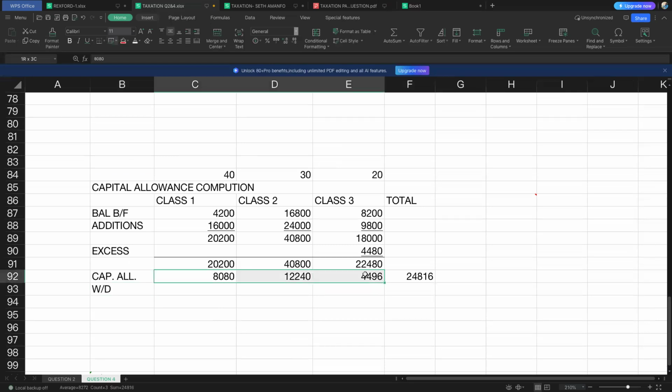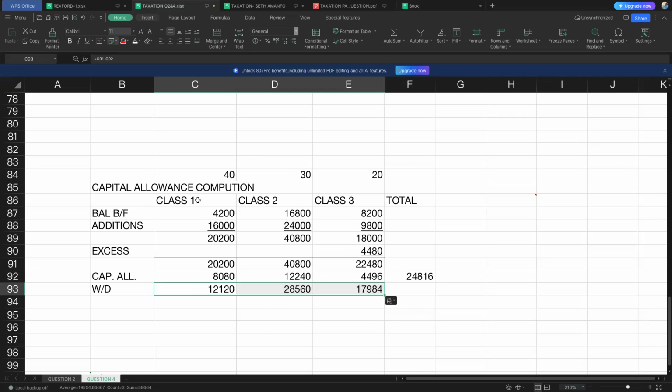For us to get our written down value, it is the cost less the capital allowance. So 80,000, 120,100 less 80. What are we getting? 121,020.